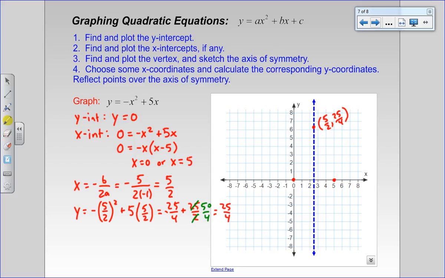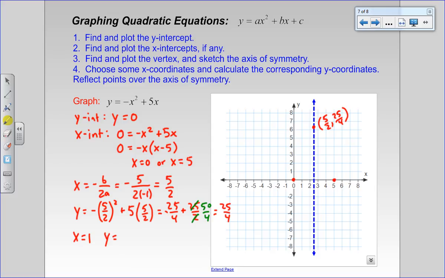We can see that this parabola is going to open downward, and that's not a surprise because a is less than 0, a is negative 1. But to get a better picture of the parabola, it would be helpful to have a couple more points. So let's just choose a value for x, such as x equals 1, and substitute it into the equation.